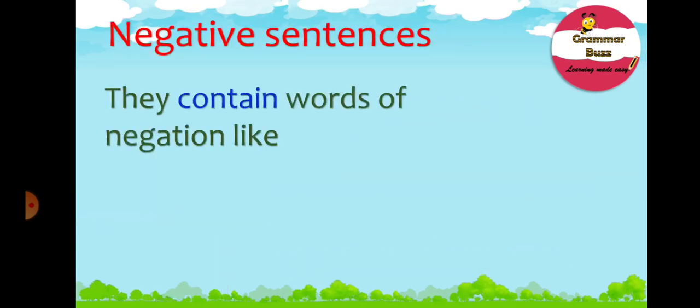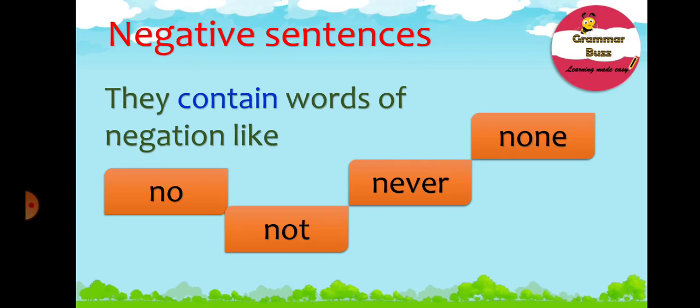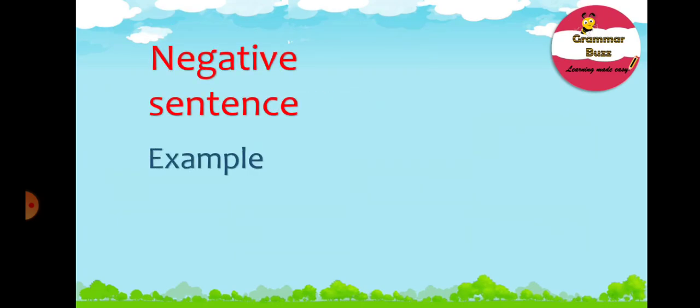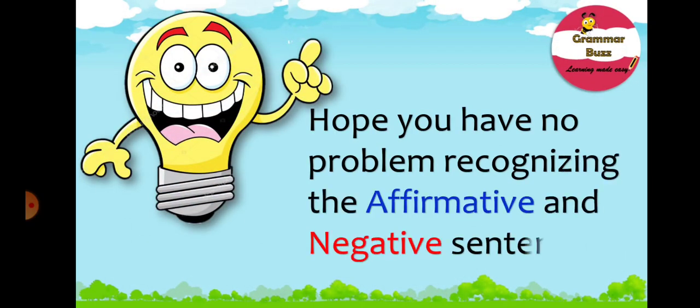These sentences contain words of negation like no, not, never, none, nobody, etc. An example of negative sentence is Joe is not here. Take note, the word of negation not has been used in the sentence to make it negative. Now that you already know what a negative and affirmative sentence is, I hope you will have no problems recognizing them in sentences.